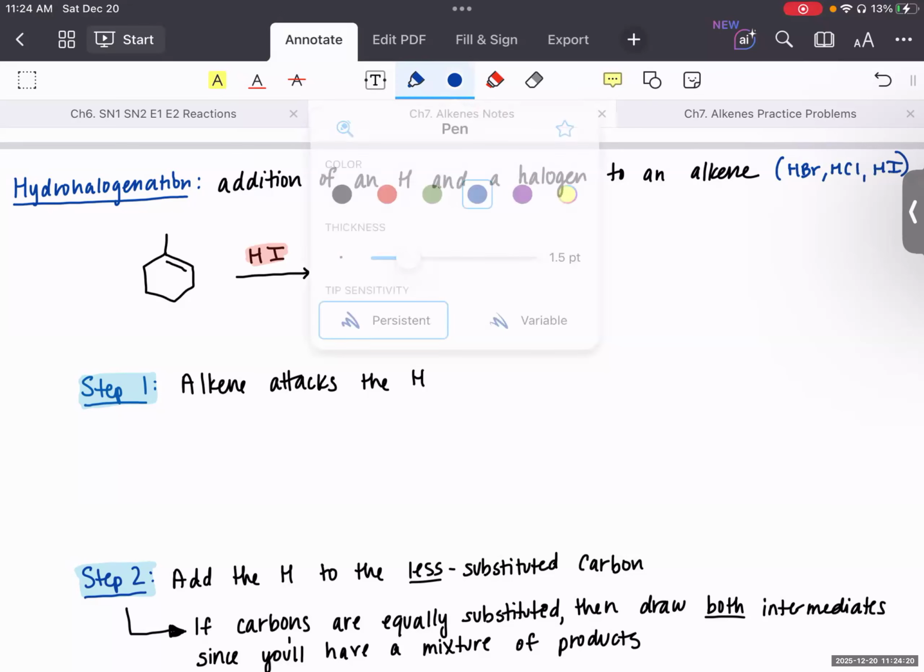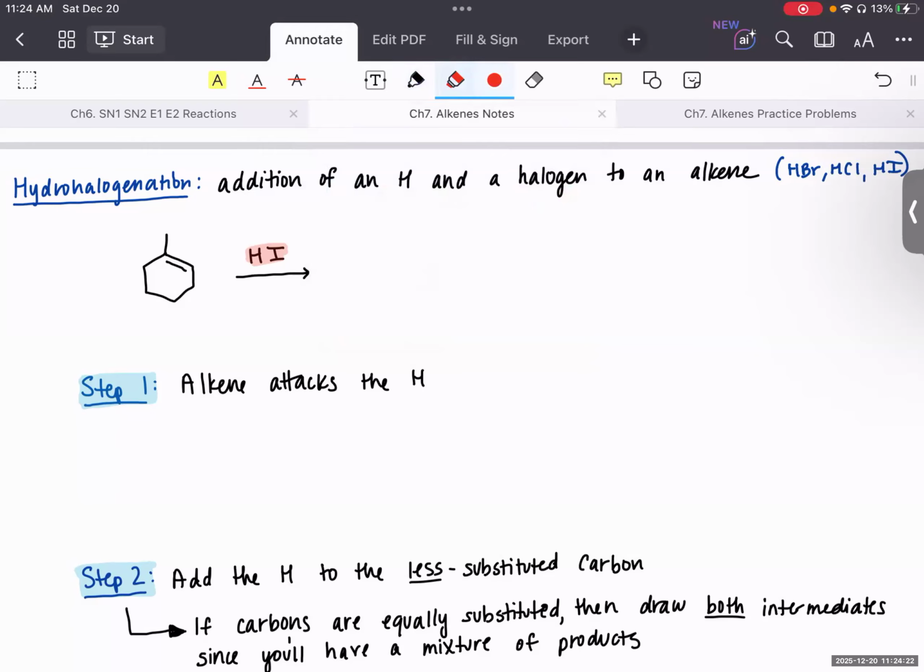And in this reaction, we have the starting alkene, which I just highlighted in red, and we end up adding the hydrogen and the iodine across that alkene. The hydrogen will go to one carbon and the iodine will go to the other carbon. So we can see that we added in that H and that iodine, and we now have a single bond where that alkene used to be.